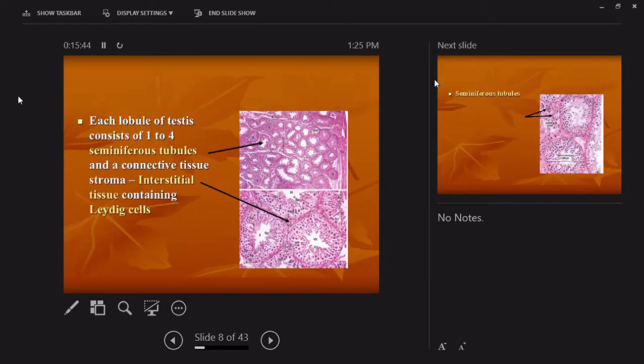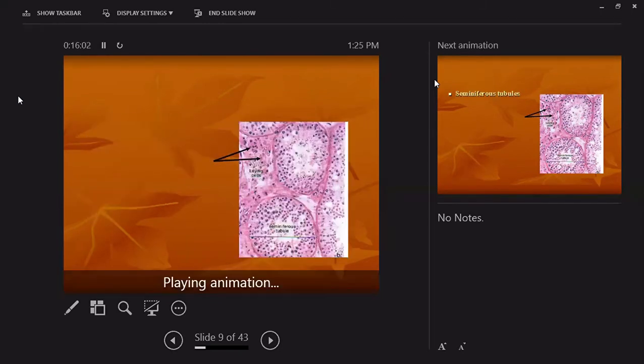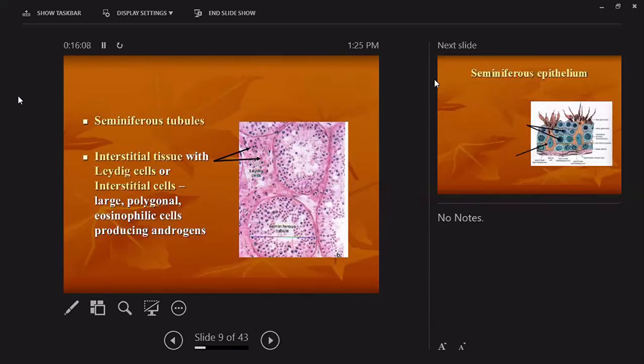Here are the seminiferous tubules and the interstitial tissue with Leydig cells, as pointed by the arrow. When we say interstitial cells, we are referring to the Leydig cells.